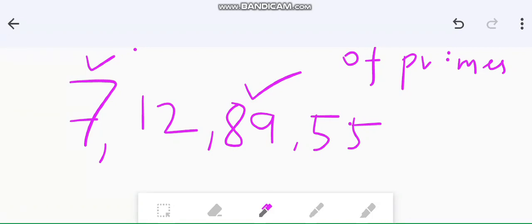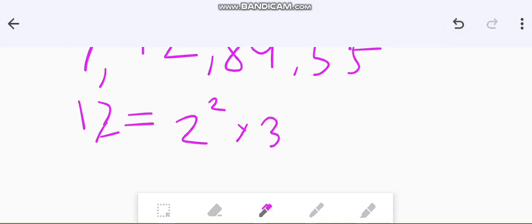Now what about 12 and 55? Let's see. So 12, I've discussed earlier, can be written as 2 squared and 3. Now 2 is a prime number, also the 3. So you're seeing that it can be written as a product of primes.